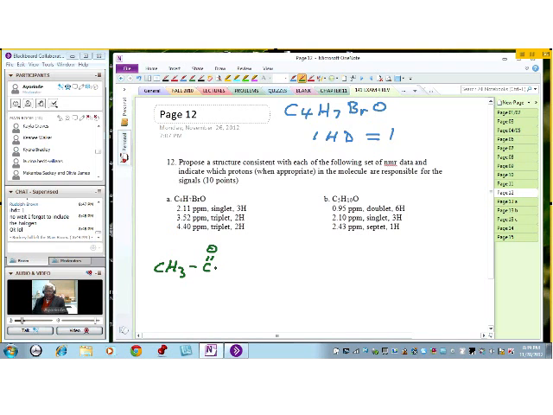So now I need 2 more carbons, right? And each one of those carbons is attached to 2 hydrogen. So what is this telling me? I have 2 CH2s. So this is a very small molecule.